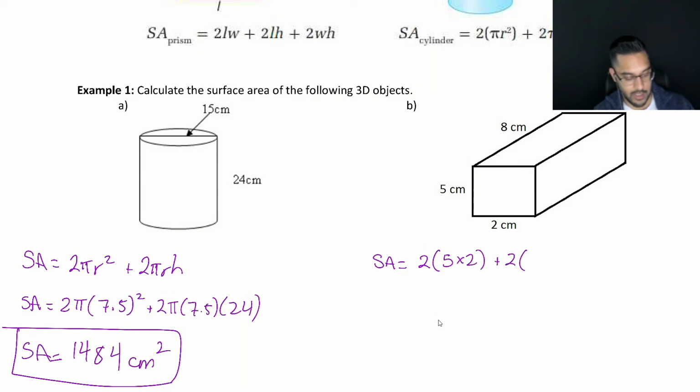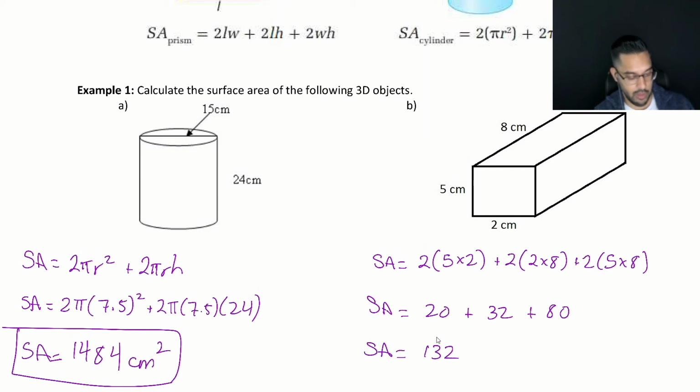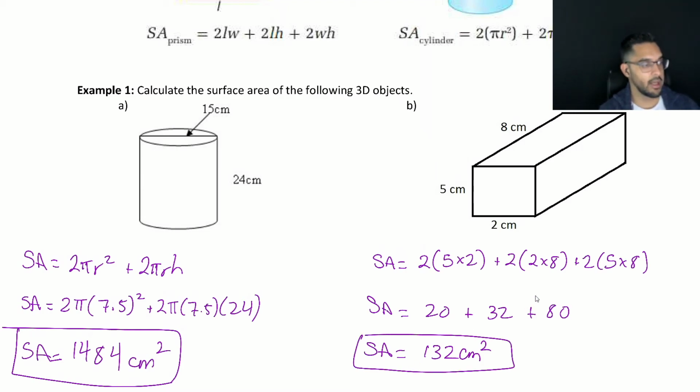We have 2 rectangles that are 2 by 8 in size, and then the last 2 are going to be 5 by 8s. So our surface area is going to be 20 plus 32 plus 80. The surface area of that rectangular prism is 132 centimeters squared. So there we've got a little bit of review on how to use those formulas again. So we can focus this here.